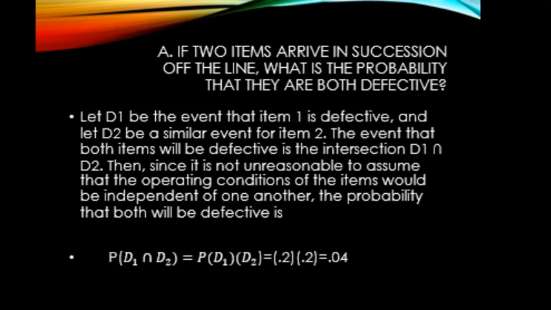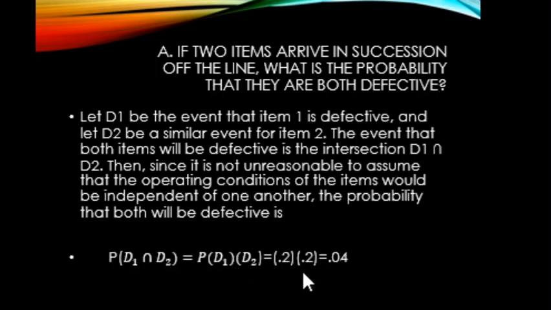Both items defective will be the intersection of D1 and D2. In this case, we are assuming that each item is independent of the other, and then we can find the probability that both items are defective. So probability of D1 intersection D2 is simply the probability of D1 times the probability of D2. There's a symbol P here.